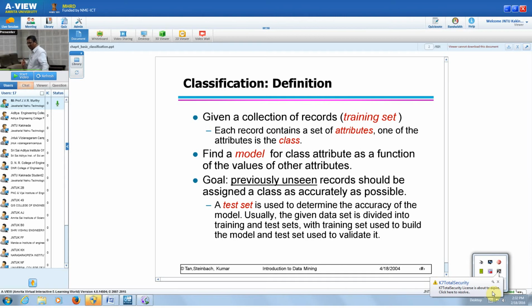Because I can't bring a C grade person and immediately put him in A plus, right? That's not possible. You can't put them straight away in A plus. Do you agree with me? Because any transformation has to take place step by step, and they should digest it and sustain it.